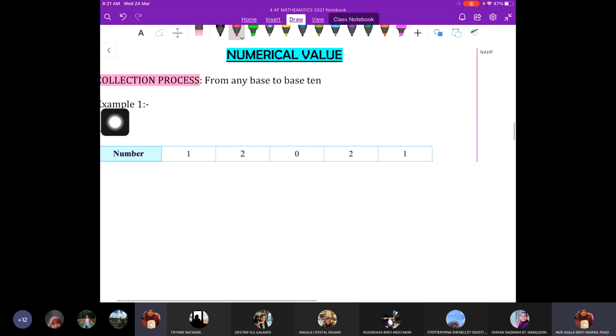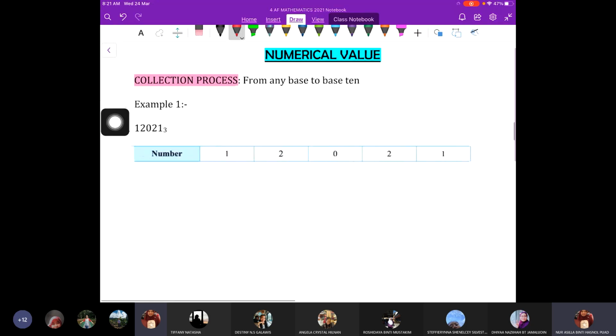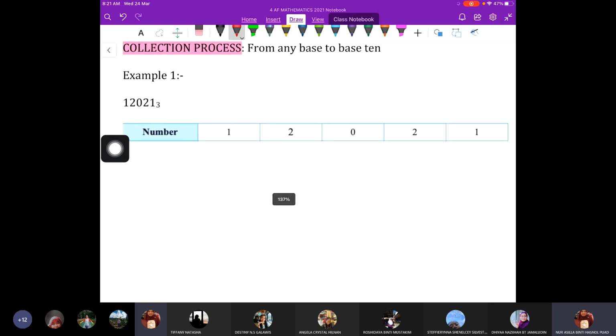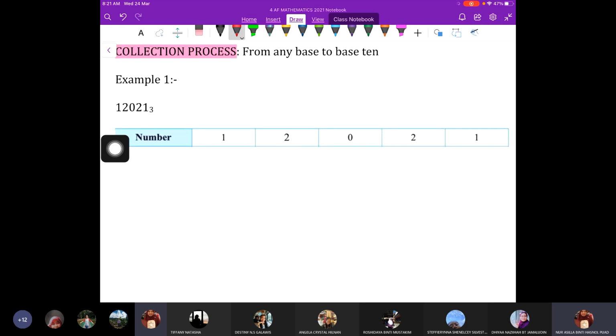So here in example 1, this number is in base 3. Okay, so this number is in base 3. Now collection process is a process to convert this base to base 10. Itu dia punya aim dia lah, collection process.